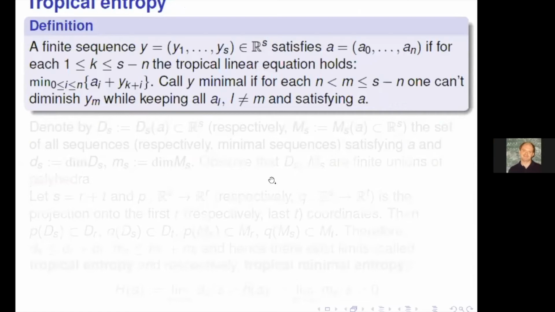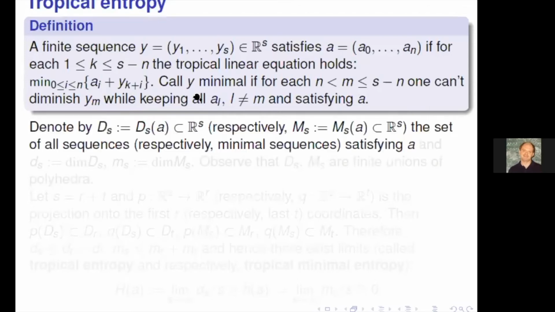Okay, sure. So now, before we considered the infinite sequences, and now we consider finite fragments with similar properties. So we say a finite sequence satisfies the same vector A if the same tropical linear equations hold. No difference, but now we consider finite sequences, and the same for minimal.